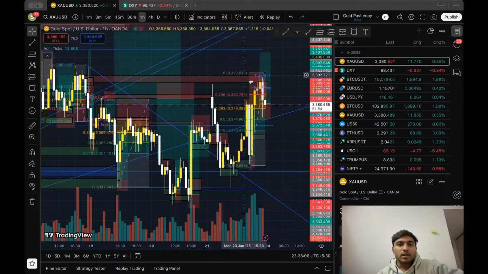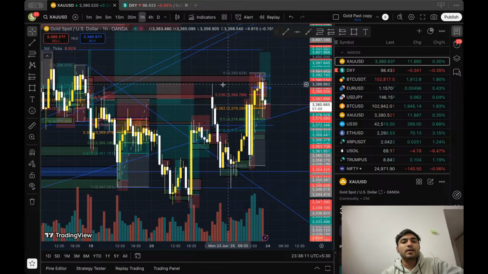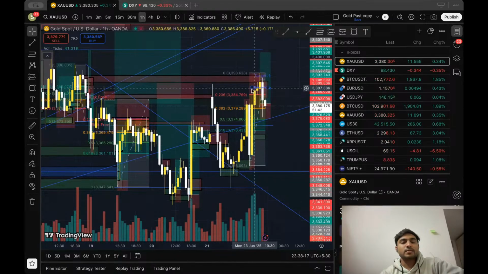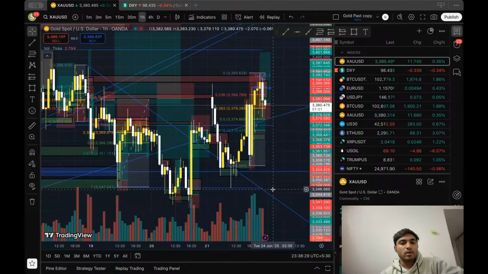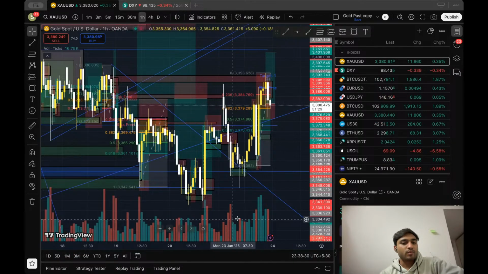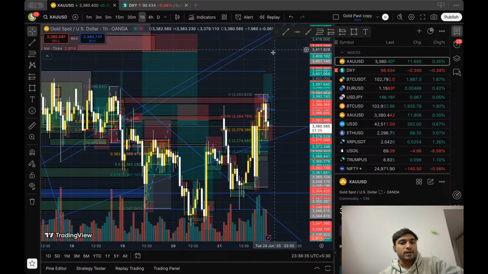And it took that liquidity. I don't think that is a liquidity trade because it won't come down as much, because there are a lot of market structures, and market structures have always given us bigger targets, a lot bigger targets.